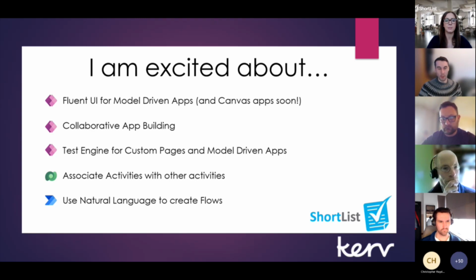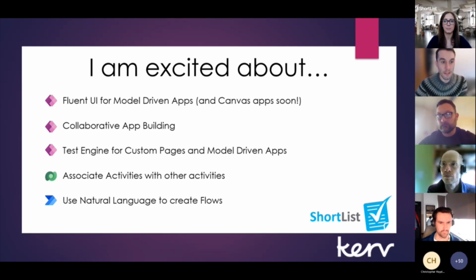And within a couple of quick seconds, you'll have a flow ready to go and created for you, allowing you to add any extra steps onto it. So it's a really big feature, using a lot of the ChatGPT underpinnings that Microsoft have brought in. So that's what I'm most excited about.